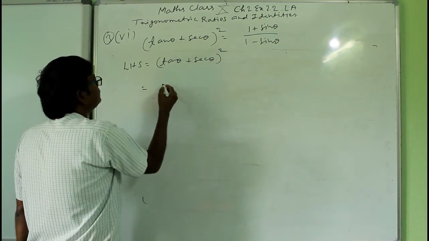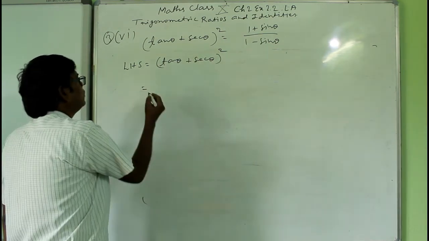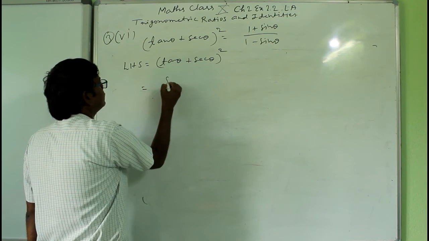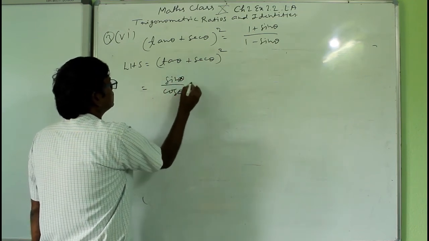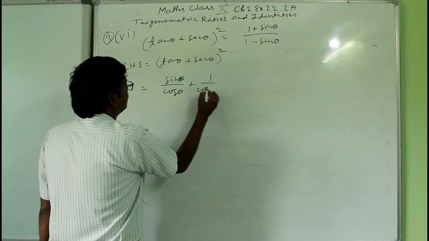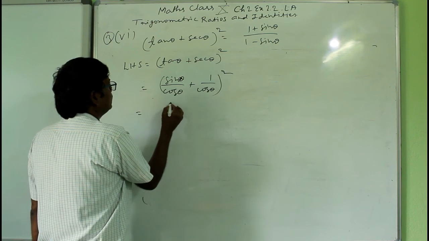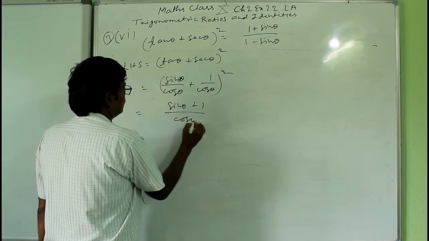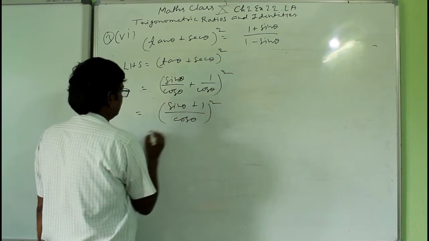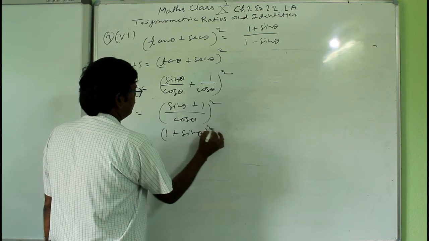You can write this as sin theta by cos theta plus 1 by cos theta whole square. So it will be sin theta plus 1 by cos theta whole square, then 1 plus sin theta whole square by cos square theta.